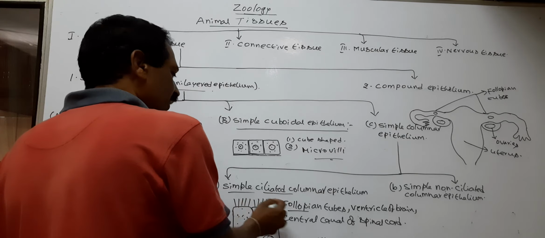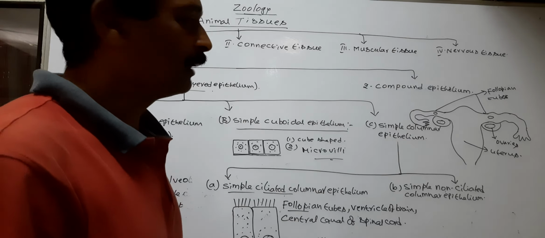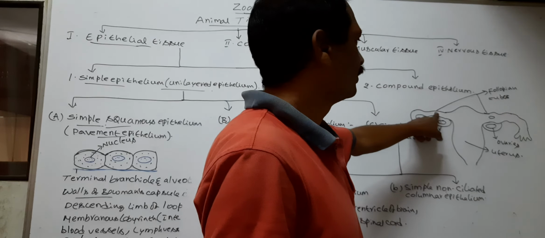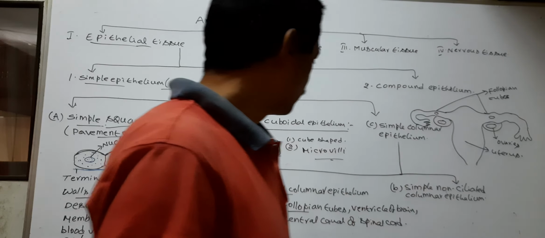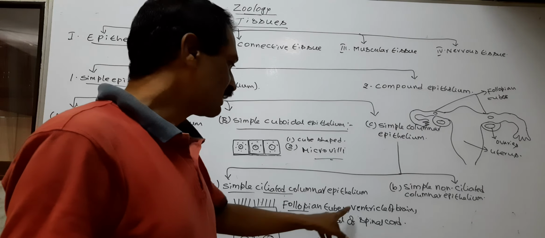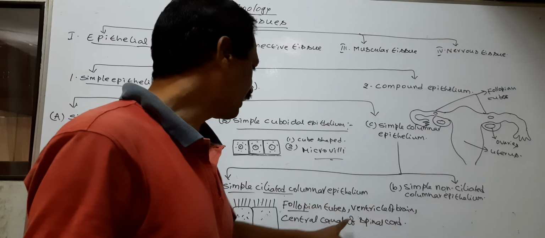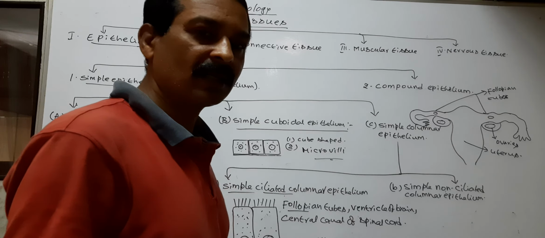Here the cilia of this ciliated columnar epithelium help in the movement of cerebrospinal fluid in the brain and spinal cord.